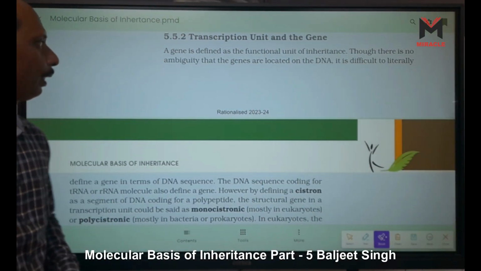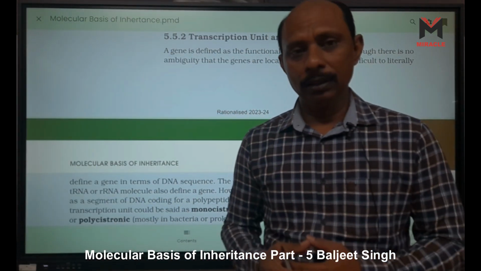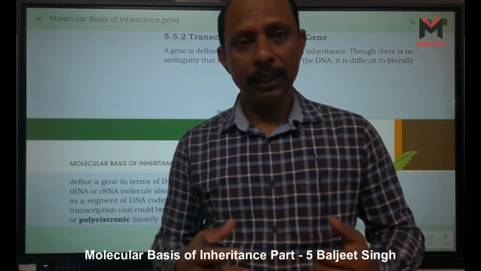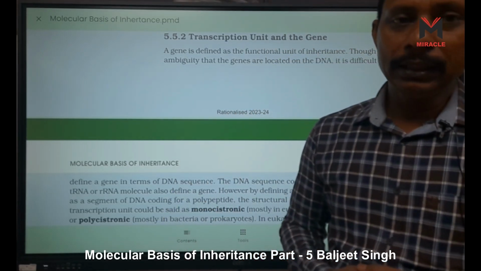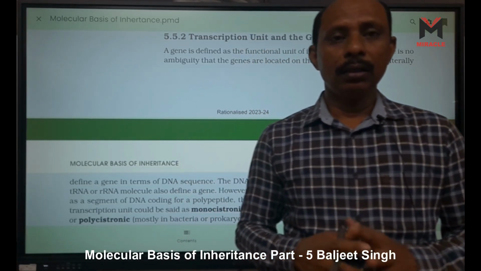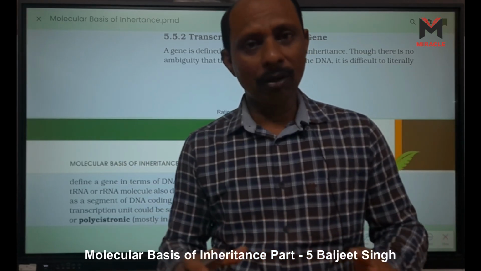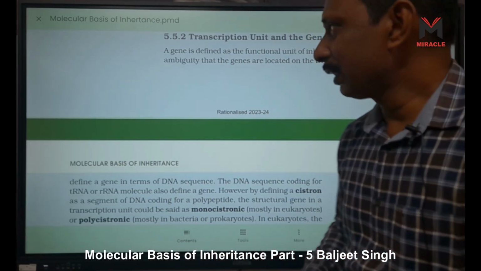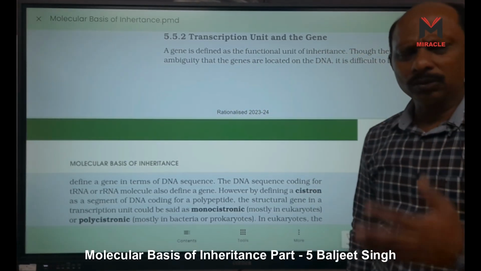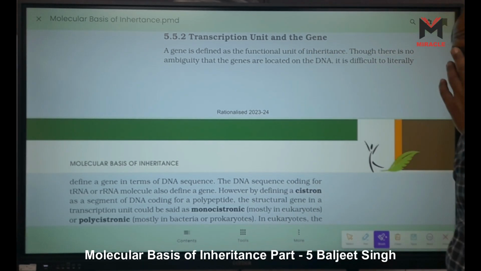When I was learning in the earlier intermediate classes, I learned that a gene is a small fragment of DNA in which at least one genetic trait is present, but this time that is not correct. Here a gene is defined as the functional unit of inheritance. At that time I also read that the gene is the functional unit of inheritance, but the definition has now changed.